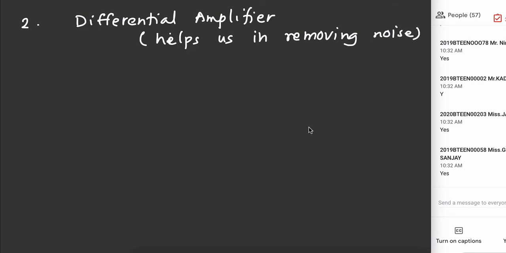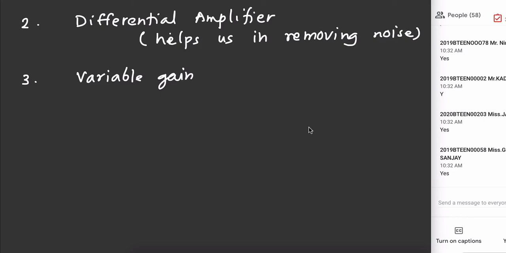We have seen that in a transistorized differential amplifier. Third point is that it should have variable gain so that we can easily change the gain as per our requirement.